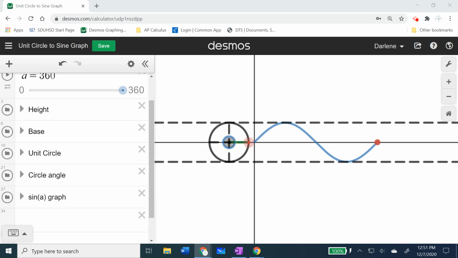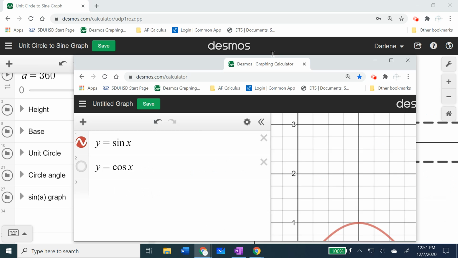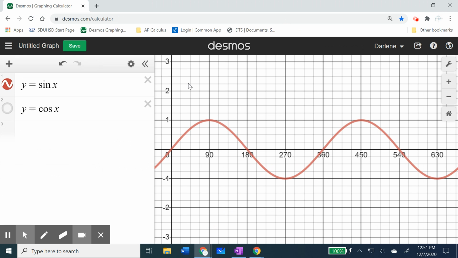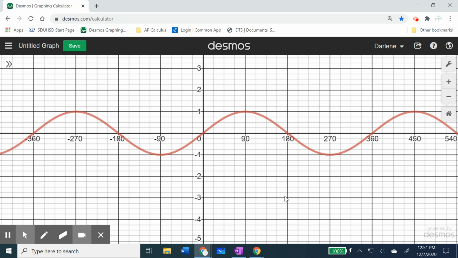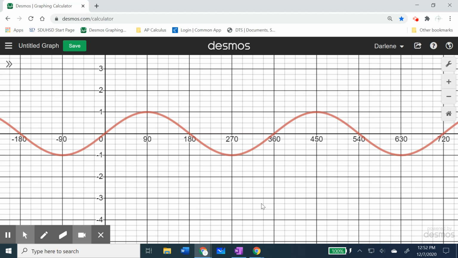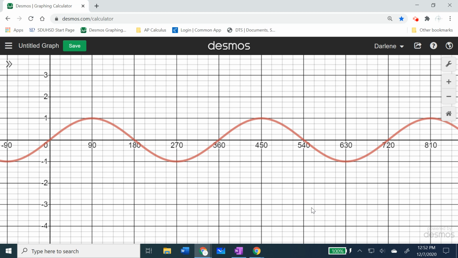So I have a graph waiting for you to show you the whole sine graph. Now, know that I have this set up in degree mode. Know that if you go into Desmos and you start typing in sine and cosine, it's going to be based on radians, which we're going to do after our first test.